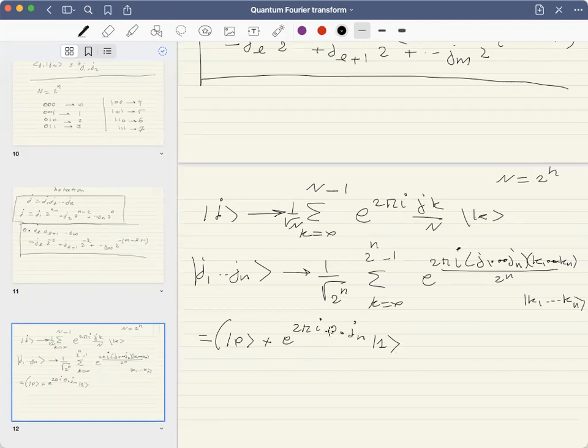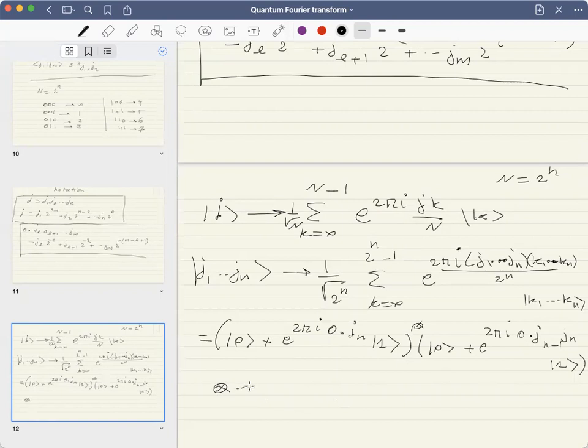So 0.Jn just means Jn over 2. Then the next one, these are tensor products if you wish, is 0 plus e to the 2 pi i times 0.Jn minus 1 Jn, times 1. So this means again Jn minus 1 over 2 plus Jn over 4.